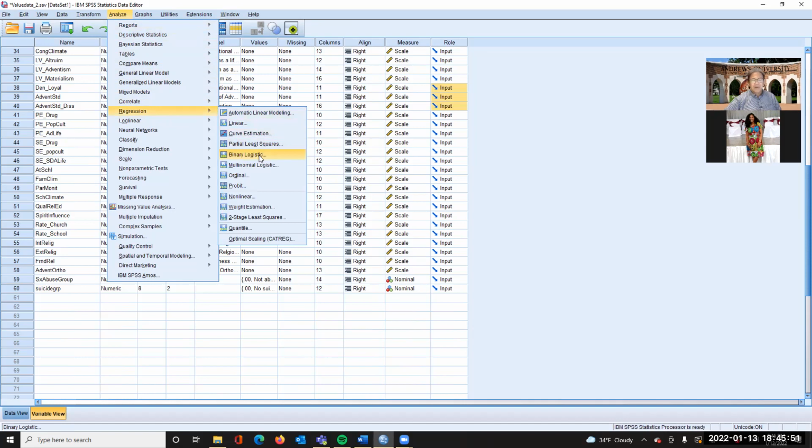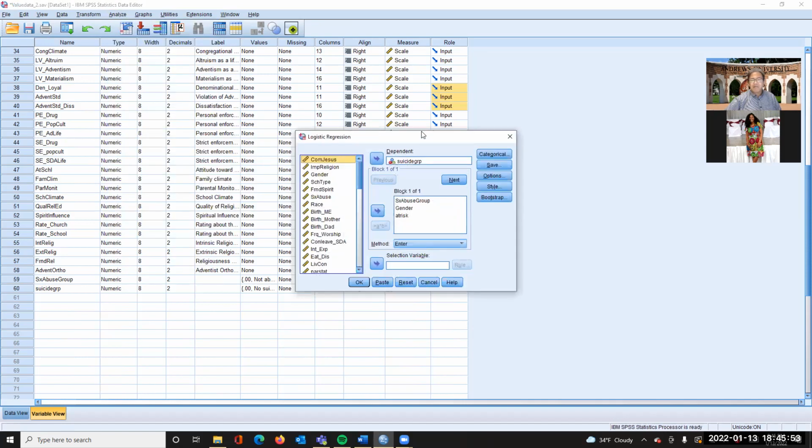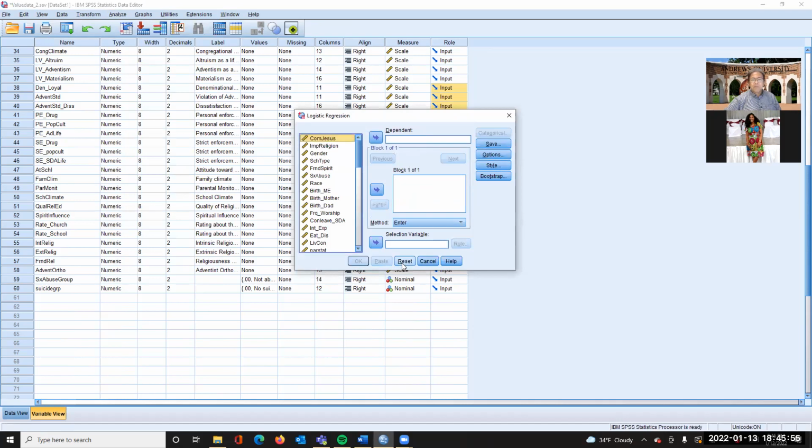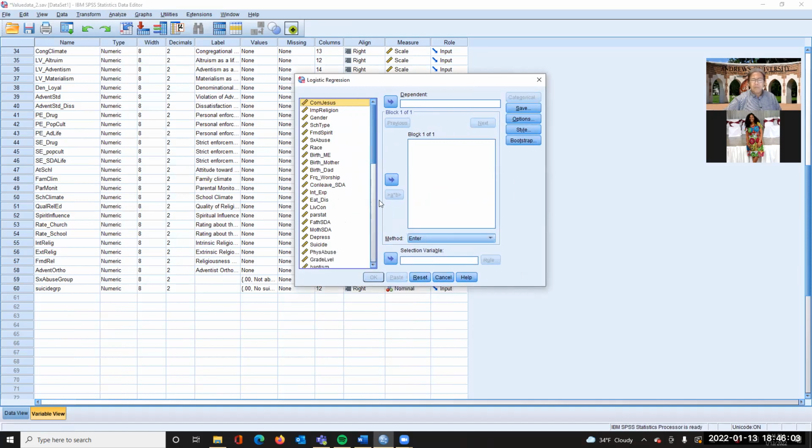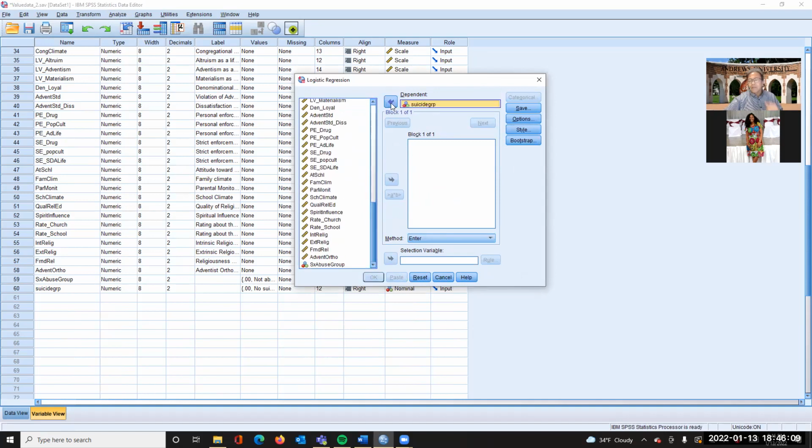Okay. So we go to binary logistic regression. The dependent variable here is suicide group, and let's begin with one predictor, which is sex abuse group.